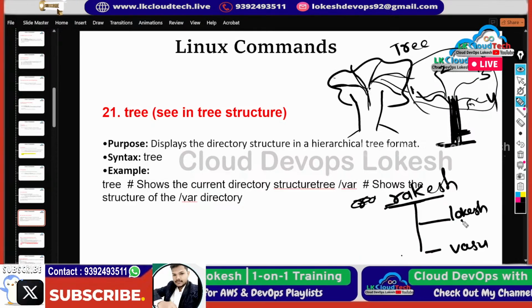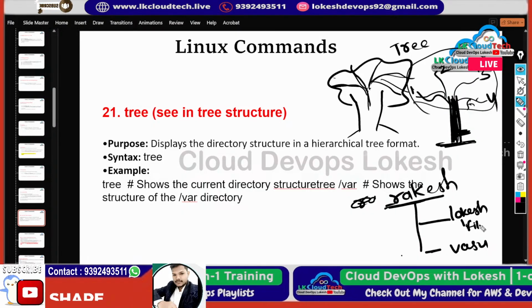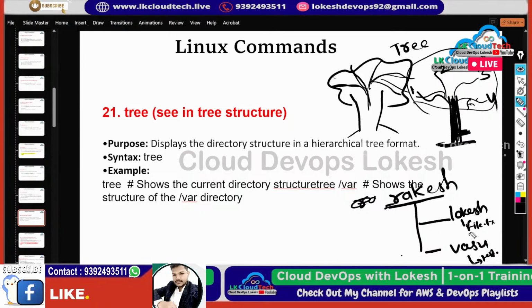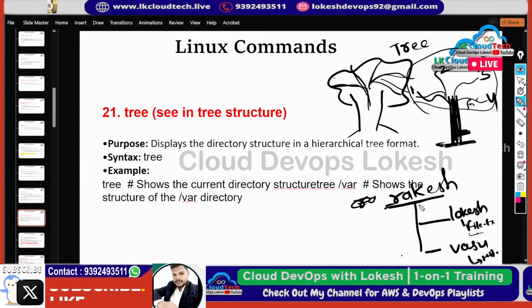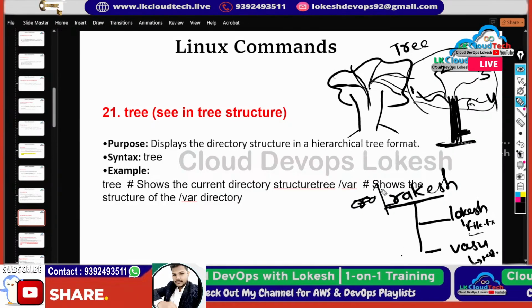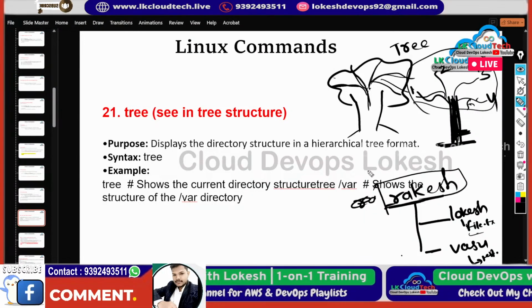Inside Lokesh maybe one file is there, file.txt or test.txt. Which means there is a folder inside the folder, but the main person is Rakesh. Same like one kind of protocol.